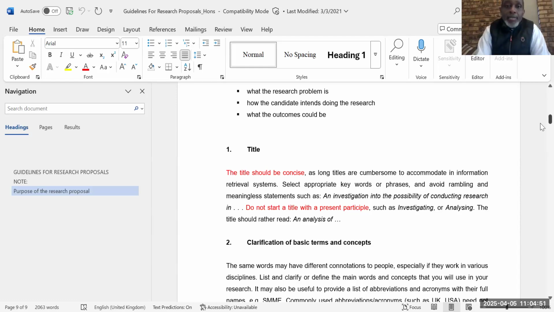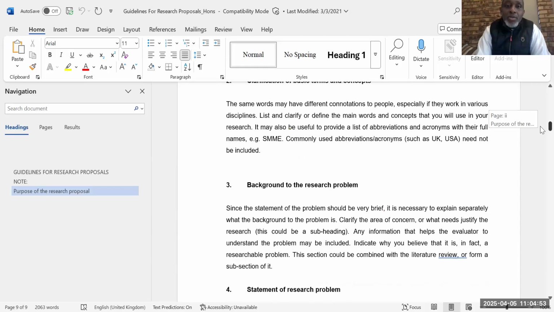Then, in terms of your background to your research problem, this needs to be very brief. Sometimes you might need to use a subheading because it needs to tie into your research problem, but the background should not be mixed up with your research problem, because you want to be able to separate it.